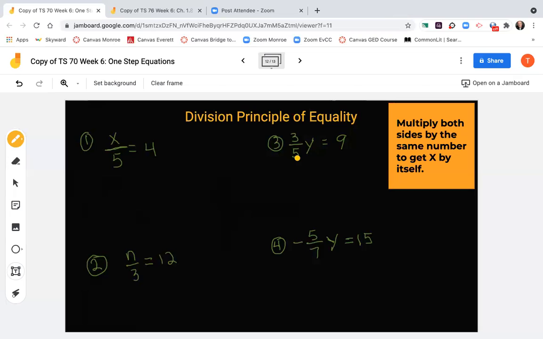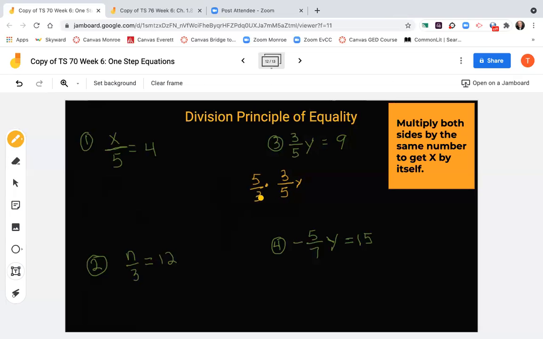Number 3, 3/5. Oh, this is a good example. Let me show you this one right here. Remember I said to get a variable by itself, just 1y or 1x, you want to multiply the number by its reciprocal. So what I would do here is 3/5, let's just call this y here, 3/5 y, times 5/3.